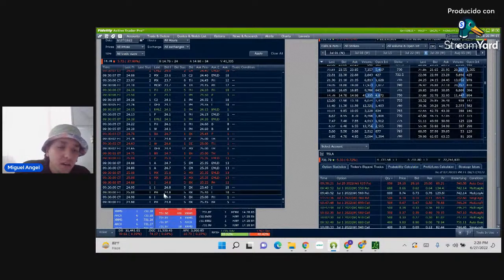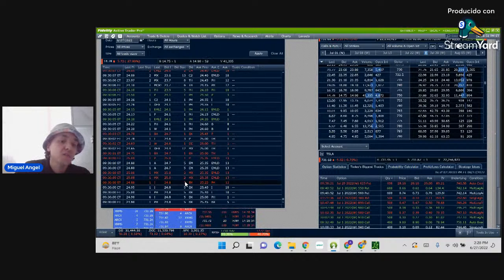But whenever you see a red transaction, that means that the transaction was made on the bid. So again, here you see 25. It means that the transaction was made on the bid. And probably in this area here, what that means is that the seller was more aggressive than the buyer.